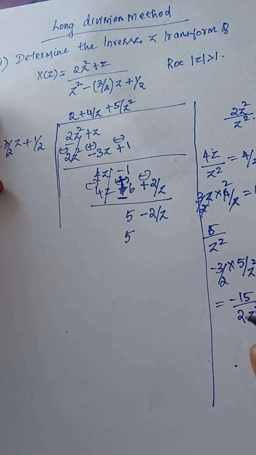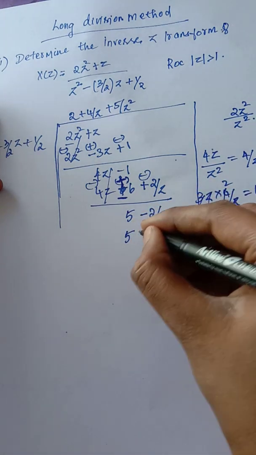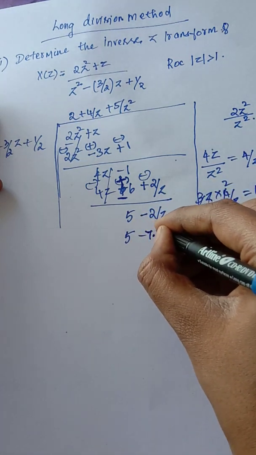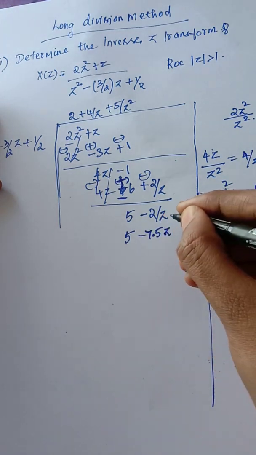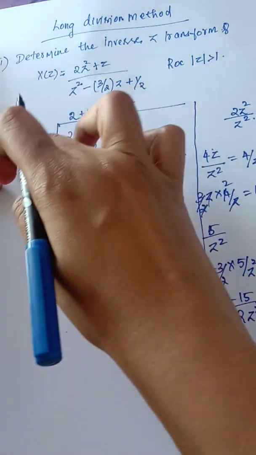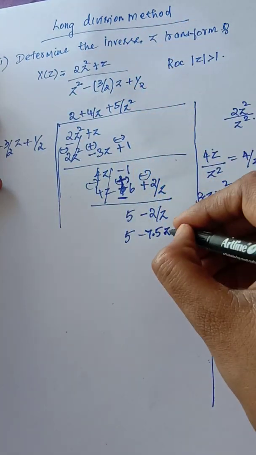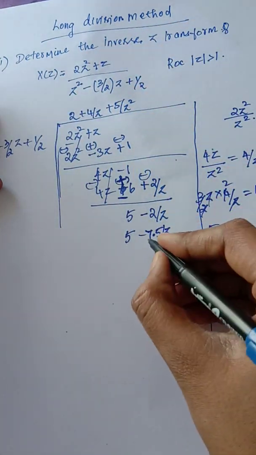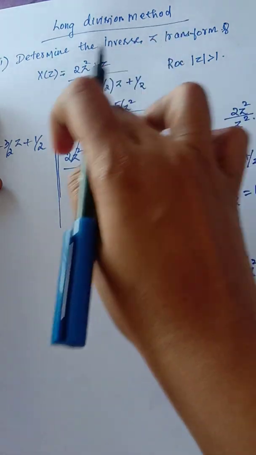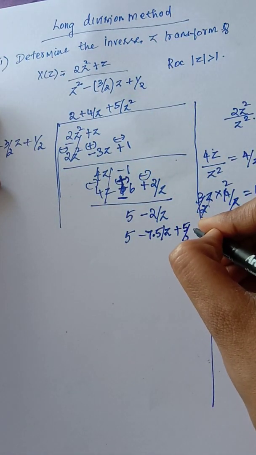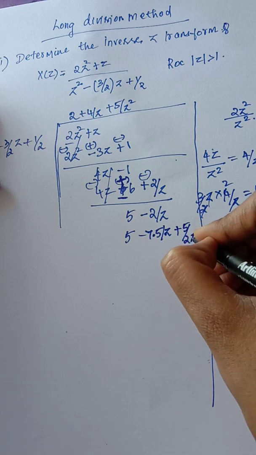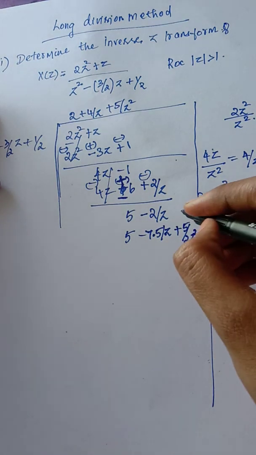Minus 15 by 2 is 7.5, so I am writing minus 7.5 divided by z, since z will get cancelled. So here you will get plus 5 by 2 z square. Like that you will get it.